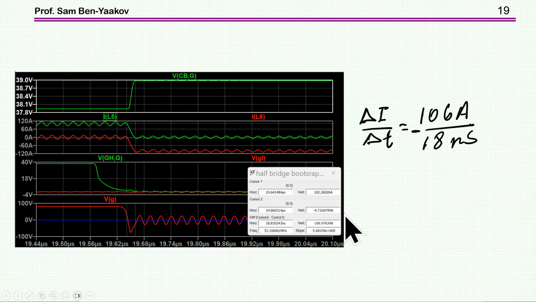So let's now check some numbers to see if we can really understand and quantify what is really happening here. Now, we have found that the IDT here is 106 amps over 18 nanoseconds. This is the slope of the current. Okay, this slope is here.